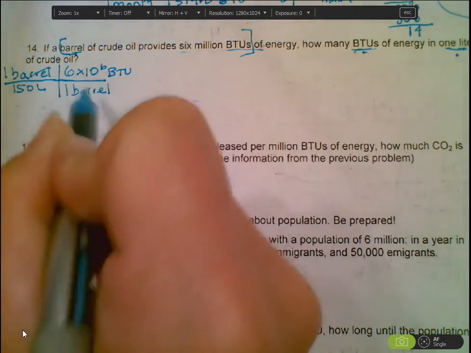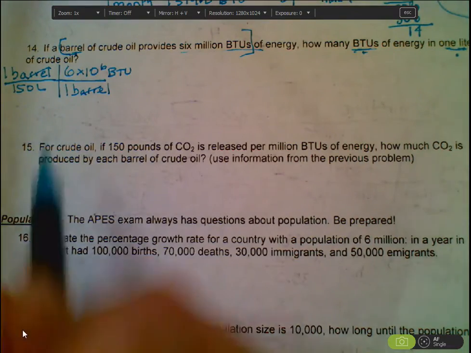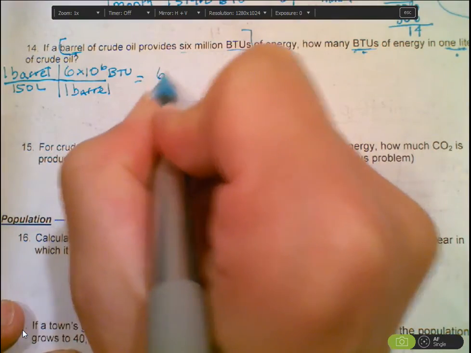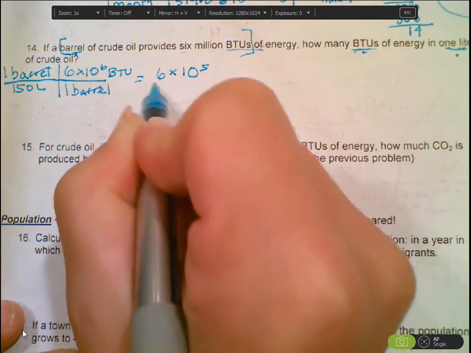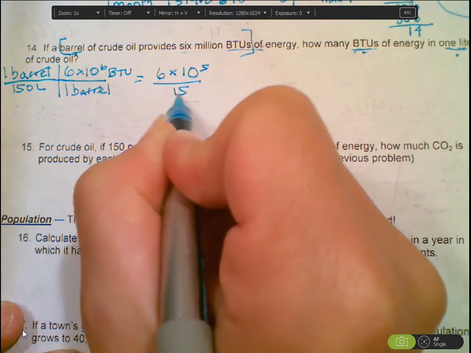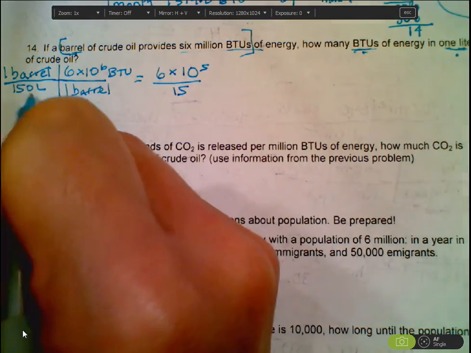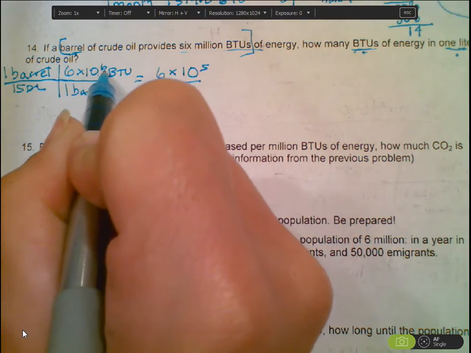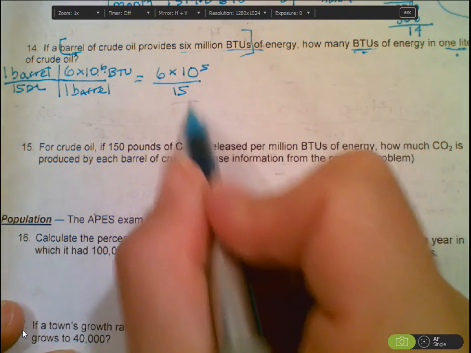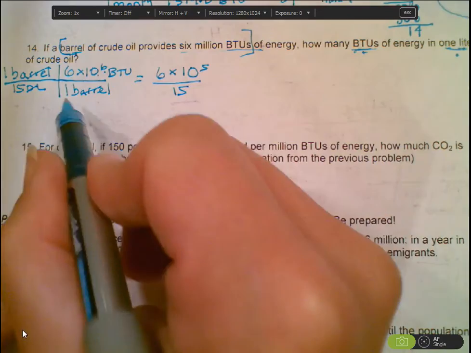So my barrel cancels out, and I'm now dividing 6 times 10 to the 5 over 150. You see what I did there? I like to simplify. I noticed that there's a 0 here, and there's a 10 to the 6 here, so I knocked out a 0, and that's why I did that. So BTUs per liter.